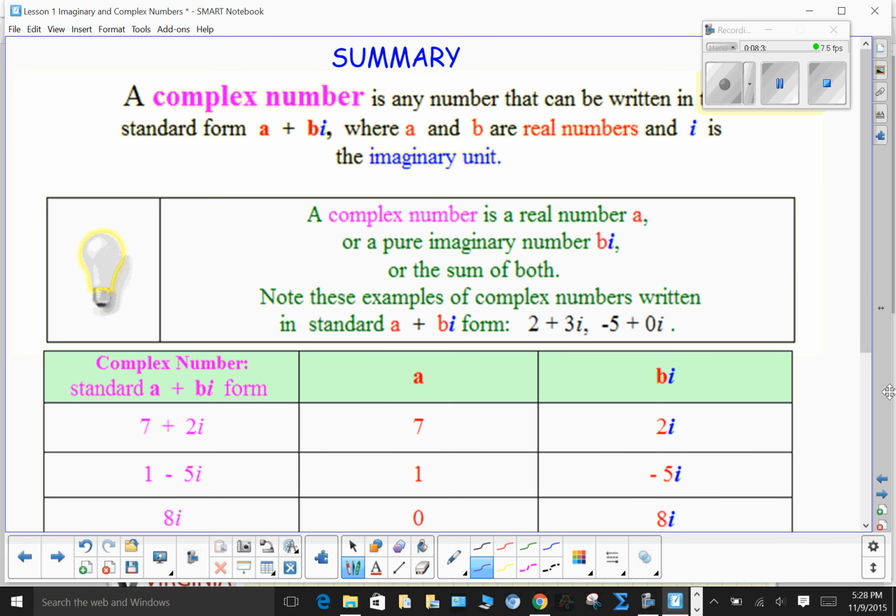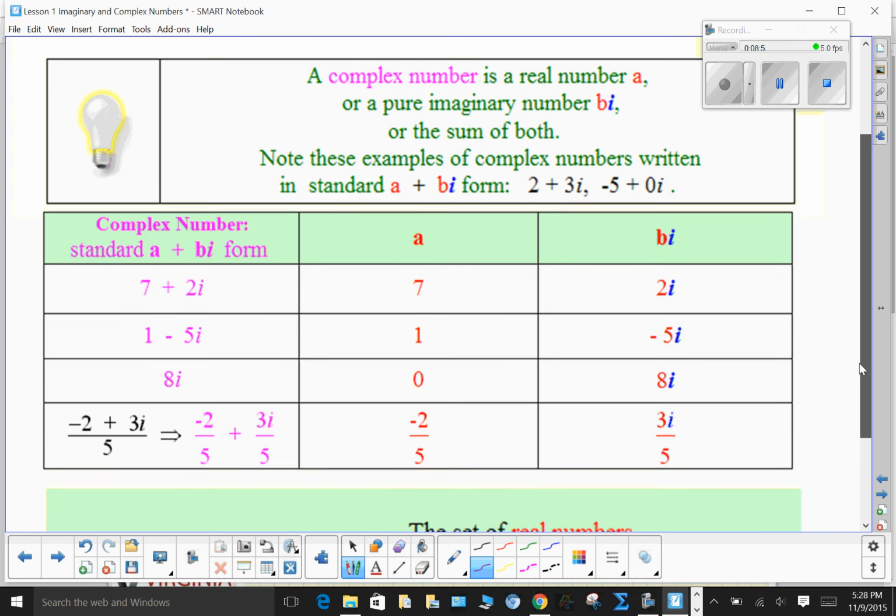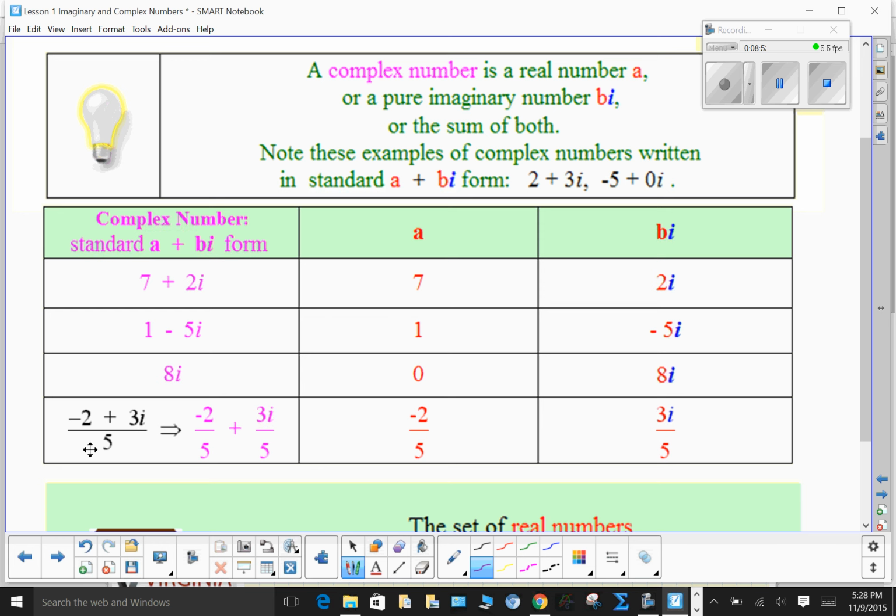For the summary, a complex number is any number that can be written in the standard form a plus bi, where a and b are real numbers and i is the imaginary unit. Here's some examples. 7 plus 2i, 7 is a, 2i is the bi part, with 2 being the real, i is the imaginary, and so on. An example like this one can be broken apart to negative 2/5 plus 3i over 5.